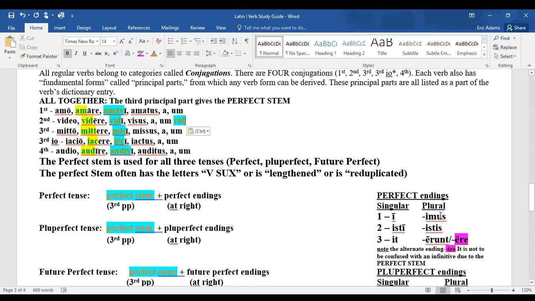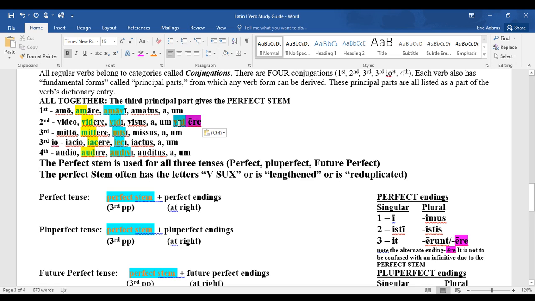And then if I were to add that long ere to it, no longer is that form of videre an infinitive, but instead it is the alternative to viderunt. And so I can make here the equation.